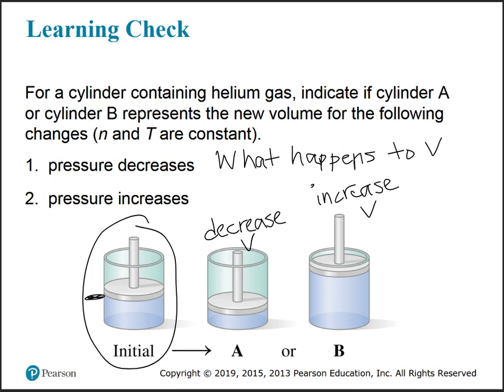That's right, it's going to increase. So cylinder B is going to represent that because we have an increase in volume. The cylinder went up. Conversely, if you increase the pressure, you're going to decrease your volume, and that's represented by cylinder A.